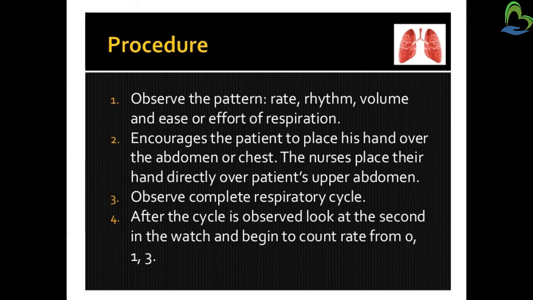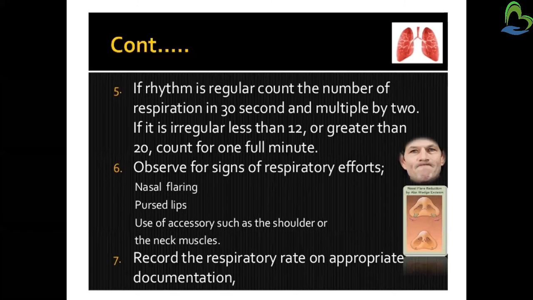Then we observe the complete respiratory cycle. After the cycle has been observed, look at the second hand on the watch and begin to count the rate from 0. If the rhythm is regular, count the respirations in 30 seconds and multiply by 2.